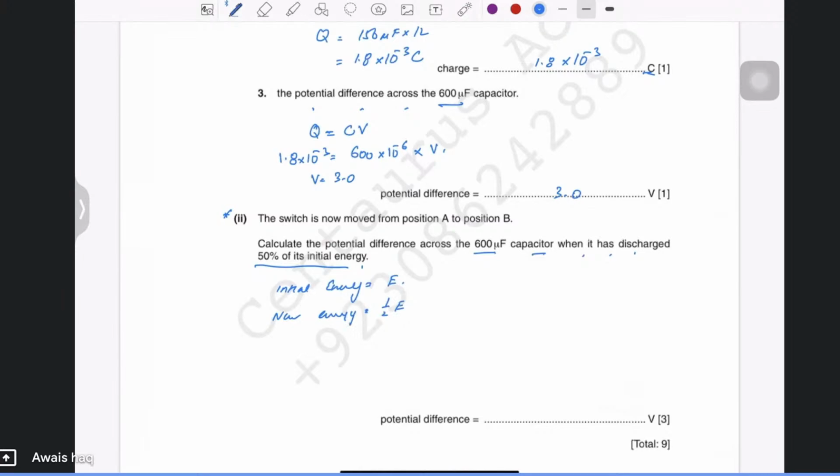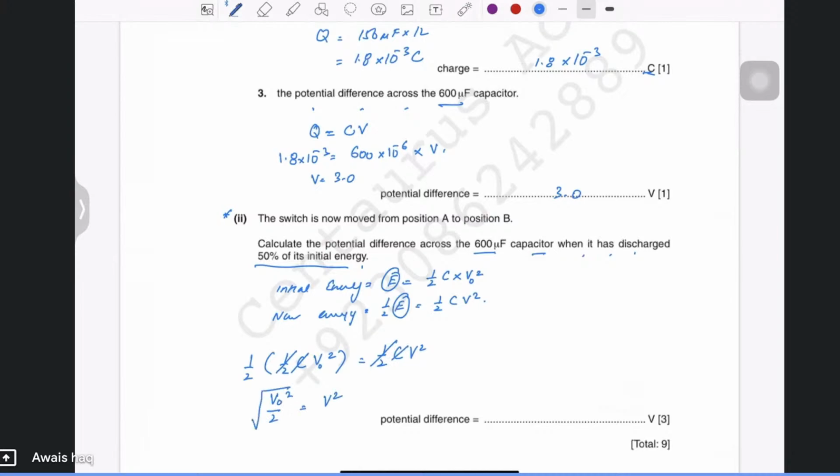So if I say it is half C V naught squared and this is half C V squared, you wouldn't mind, right? So I'm going to get half into half C V naught squared equals half C V squared. The half C and C will cancel out. So V naught squared over 2 is equal to V squared.